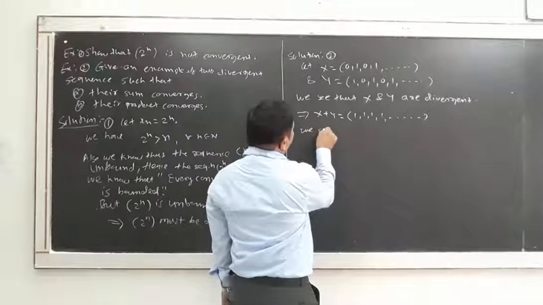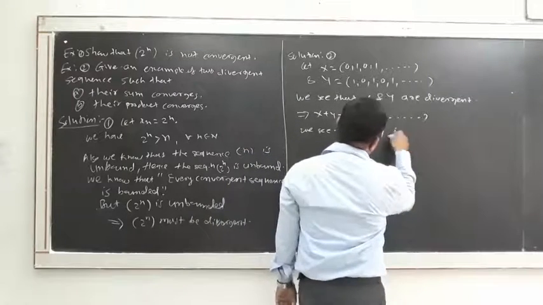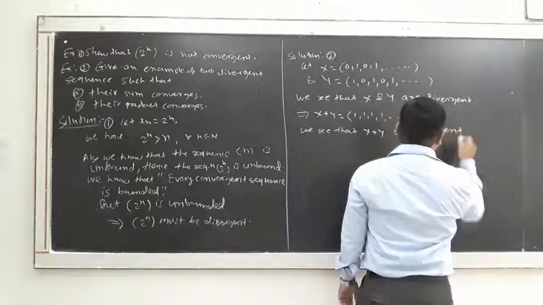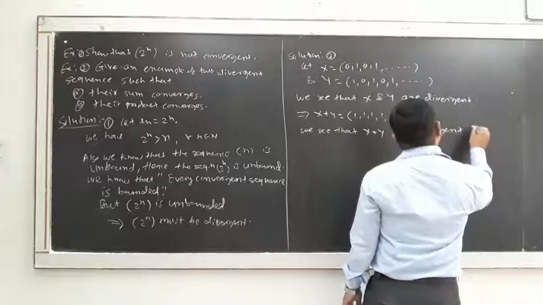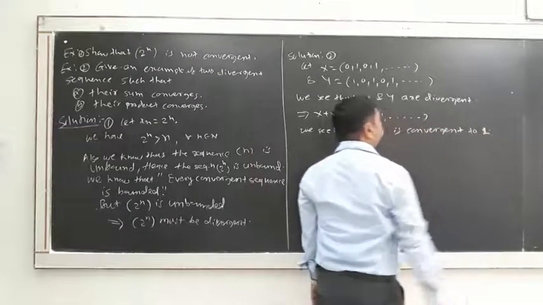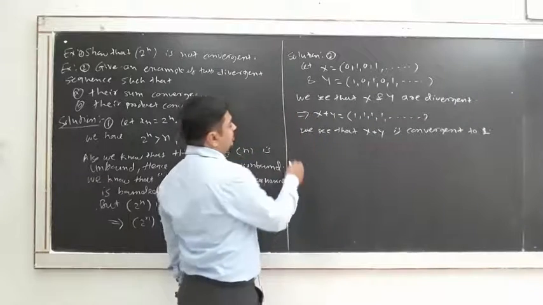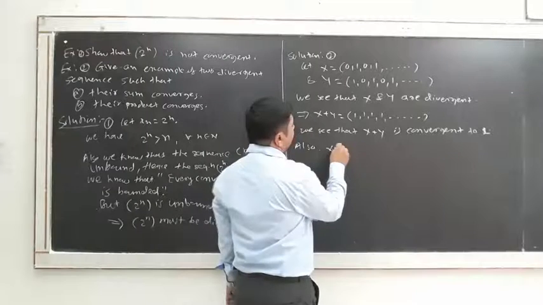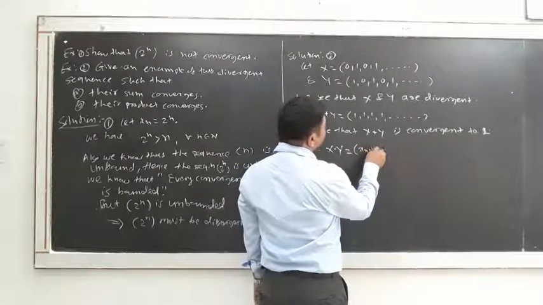And we see that x plus y is convergent to 1. It is a constant sequence, therefore it must converge to 1. Also x into y, which is nothing but xn into yn.